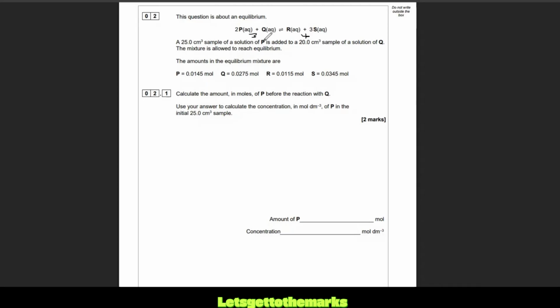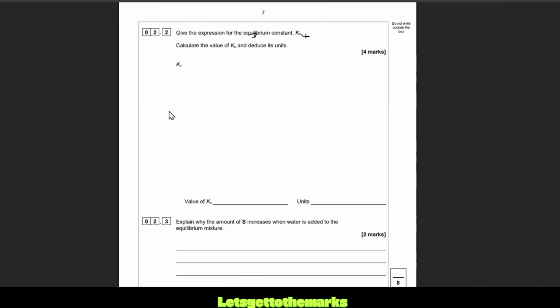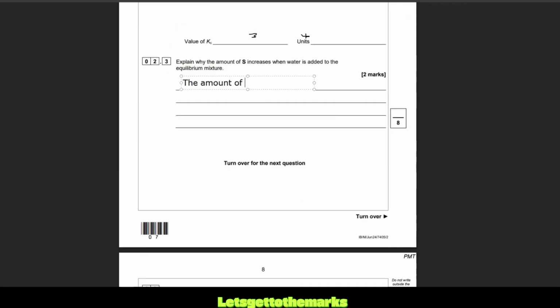The reversible reaction is going to try and oppose the change, and it will shift to the right to try and increase the number of particles and therefore try and increase the concentration because you've diluted it. So the answer is we will get more S, and I'm going to write that down here, where it's actually supposed to be.